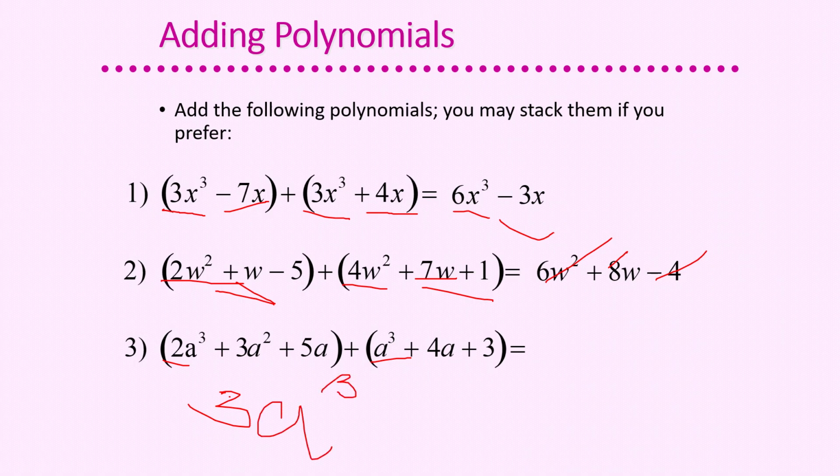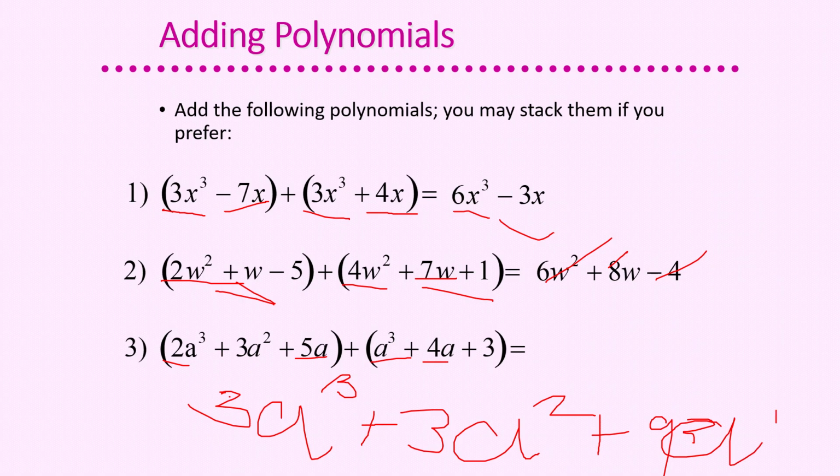Let's check later kung tama tayo. Since walang kaparehas yung 3a squared, just copy. Then 5a plus 4a is equal to 9a. 9a plus 3. Just copy 3 kasi wala siyang kasama dito.